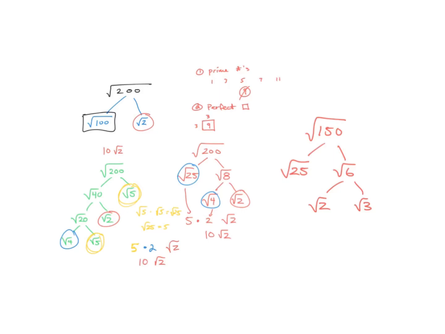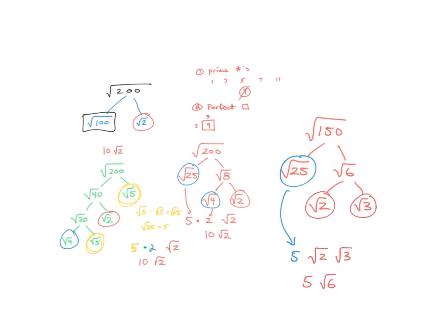You end up with a perfect square of 25, which gives you 5. But these two prime numbers, 2 and 3, don't help you simplify or come up with a perfect square or a repeating radical. So you end up with radical 2, radical 3. So actually this final answer is going to be 5 radical 6.